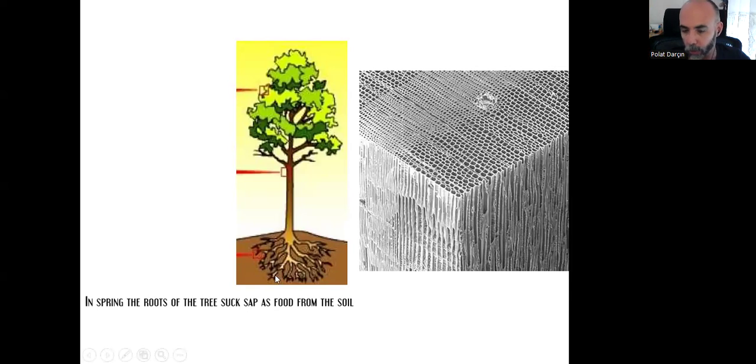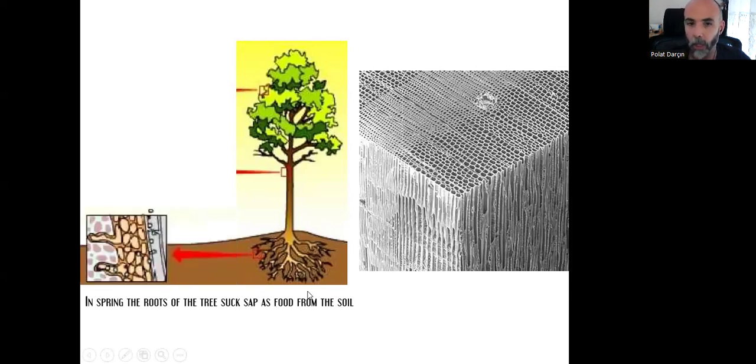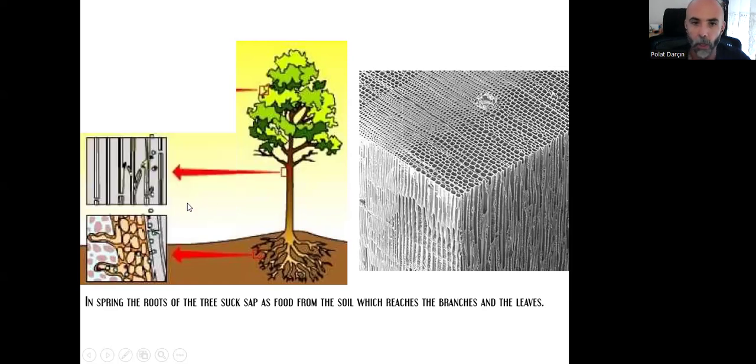And the roots start sucking that sap from the soil, and they send that mixture up to the branches and leaves via these pipes, these needle-like smaller tubes.